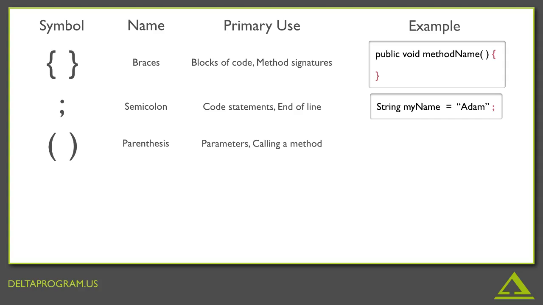They can also be found when calling a method or initiating a method. As an example, you might see an askName method, and input would be my name, Adam. So you'll see these parentheses wherever something's being passed in, being offered up as an input.